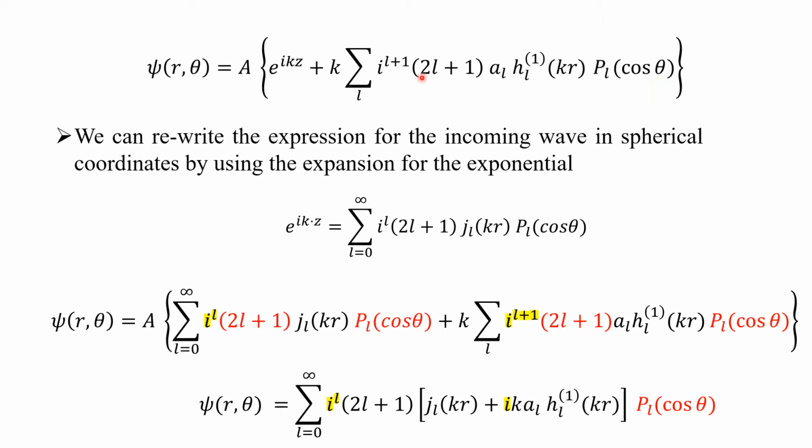Now here, two important things to be noted. In the previous lecture we have considered only the scattered amplitude, that is the second term. We have considered only the second term. Actually, the outgoing wave consists of both the incident wave as well as the scattered wave.